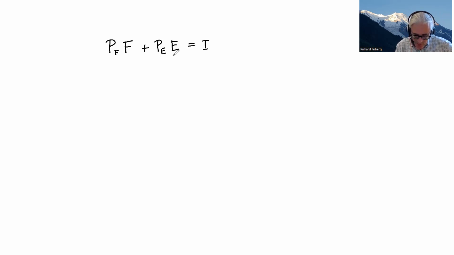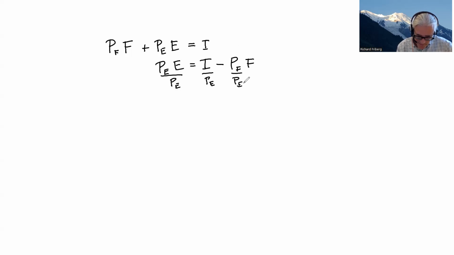We then want to solve this equation for entertainment: P_E times E equals income minus the cost of food shifted over to the other side, and then dividing through by P_E. Tidy that up like so.